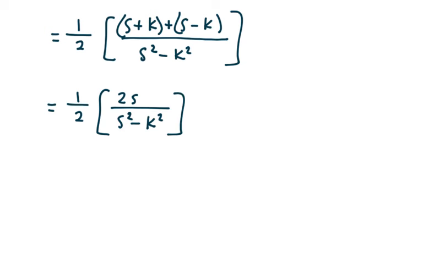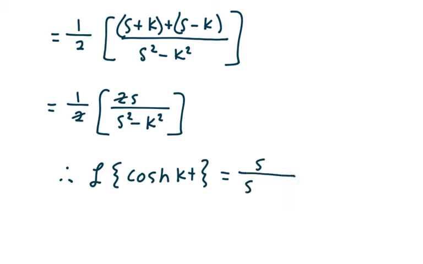The 2's cancel, and I'm finished. So the Laplace transform of cosh of kt, notice how 2's go away, and I get s over s squared minus k squared.